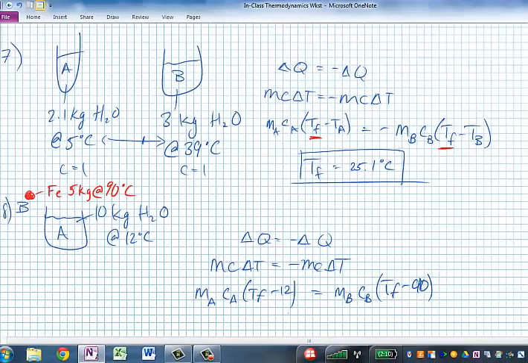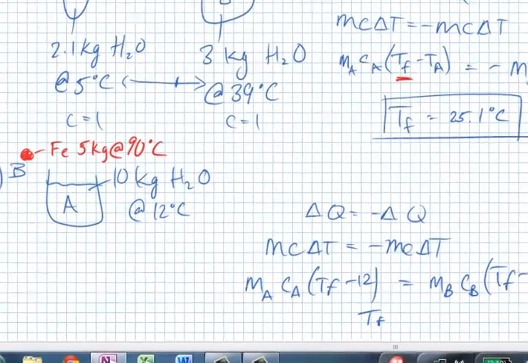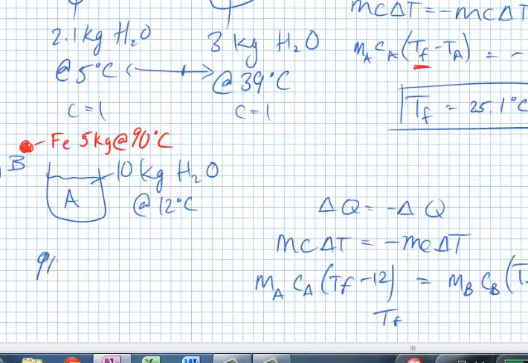For this one, we know that it's going to be between 90 and 12. It has to be, just physically, logically. And there are two factors that will play into where it falls in that range. One is the specific heats of the two materials. Here we're not dealing with water and water, we're dealing with iron and water.